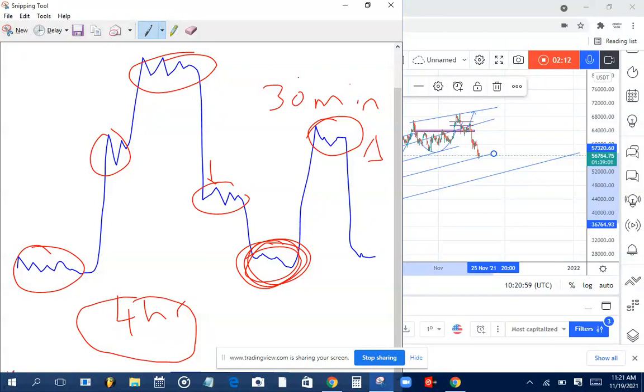Then if you go to 30 minutes, it will show you a downward pattern. I'm going to tell you the types of pattern. Let me repeat this again: whenever price consolidates, a pattern is forming.